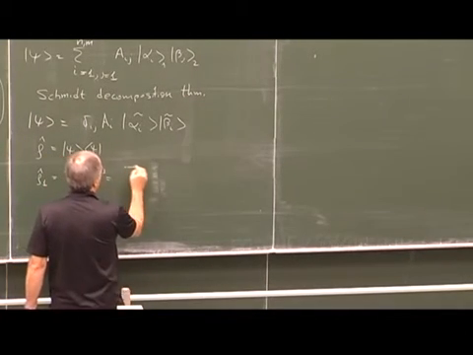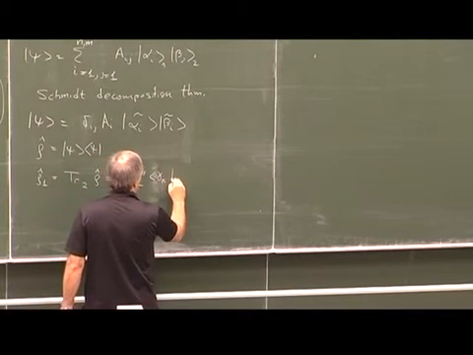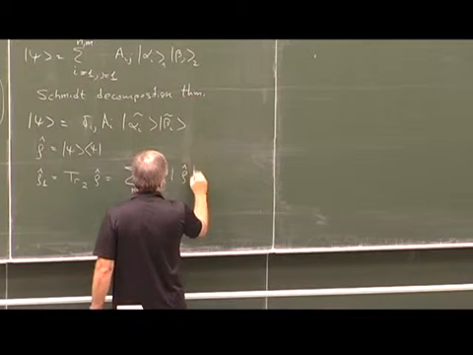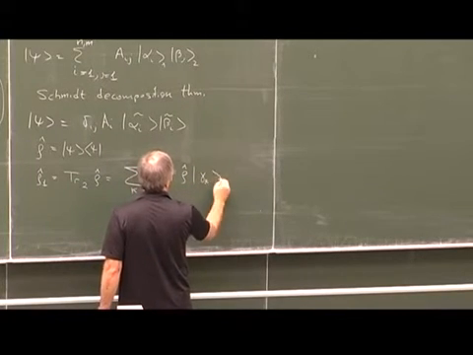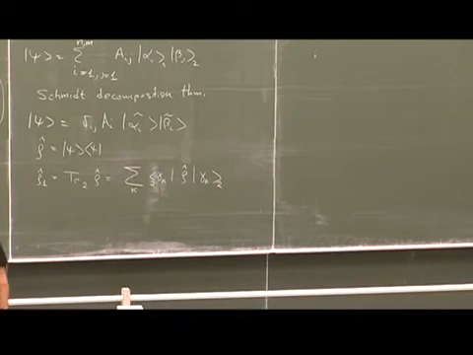It means that I have to sum over k and take the trace, like so, of the state in space 2. This is what it means to take the trace.